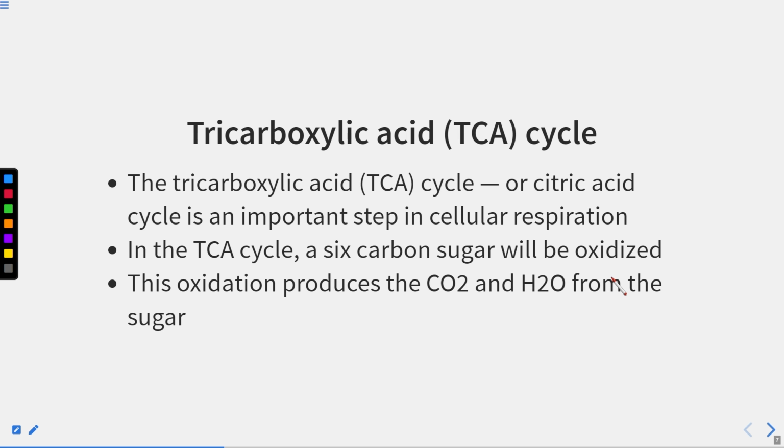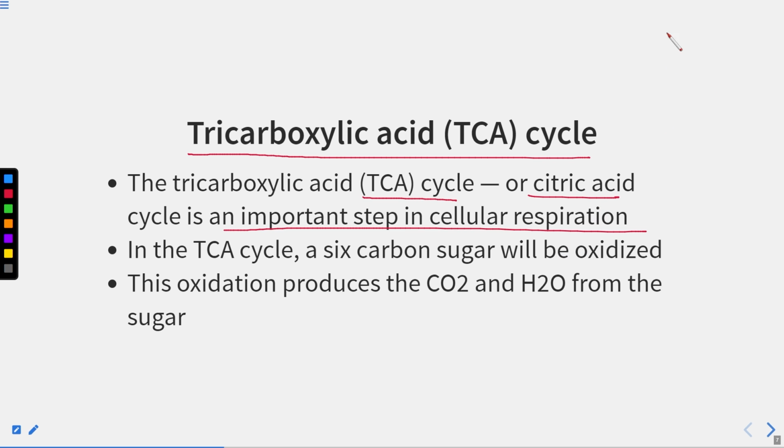Now we will discuss the tricarboxylic acid cycle. This is very, very important. It generally occurs in the mitochondria. The tricarboxylic acid cycle, that is the TCA cycle or citric acid cycle, is an important step in cellular respiration.